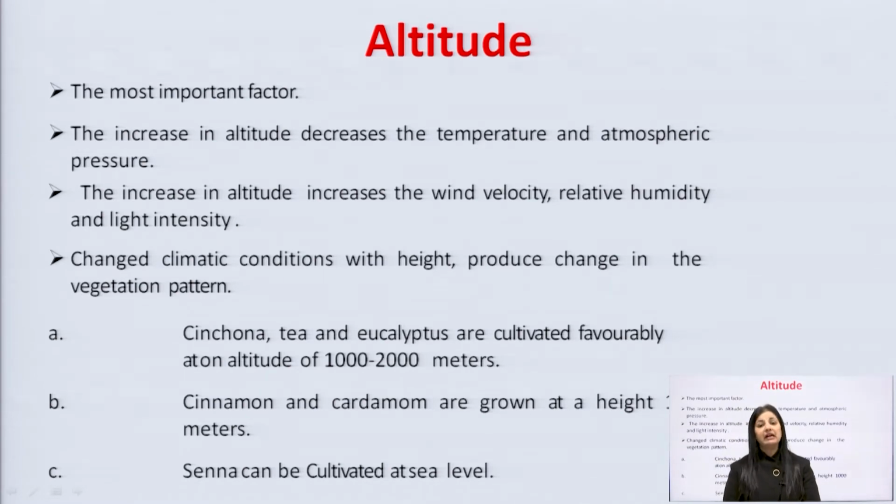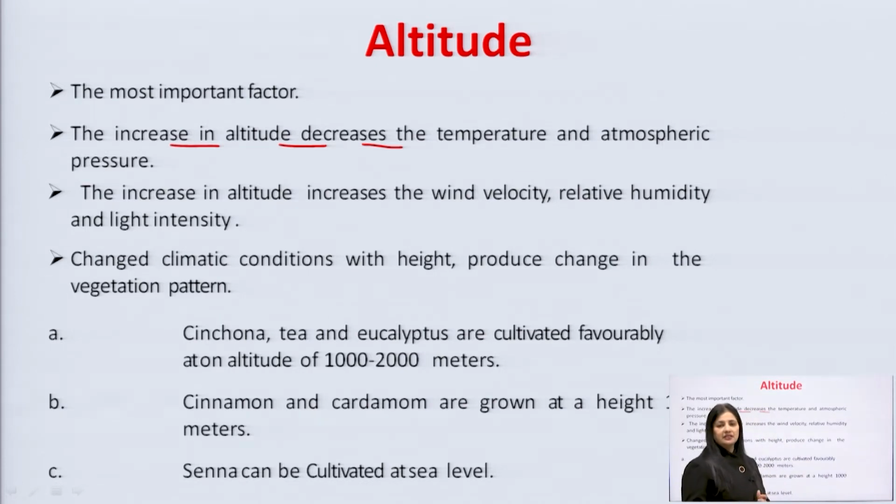Altitude, or the height, is the most important factor: at which height the plant is growing. The increase in altitude decreases the temperature and the atmospheric pressure, which is going to affect the plant quality.